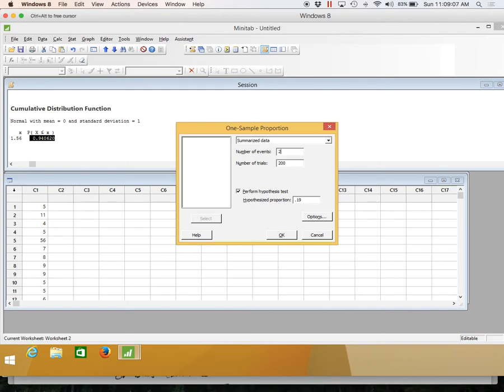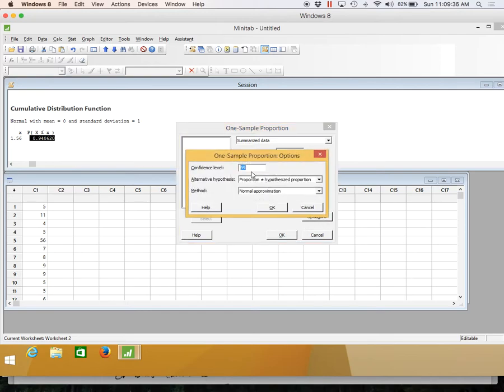I think it was 27 successes, or 27 people happened to have the gene and a history of breast cancer, out of how many people did we ask? 169. We're going to perform a hypothesis test, so we want to check that off. And we are assuming that the hypothesized value is 0.12.